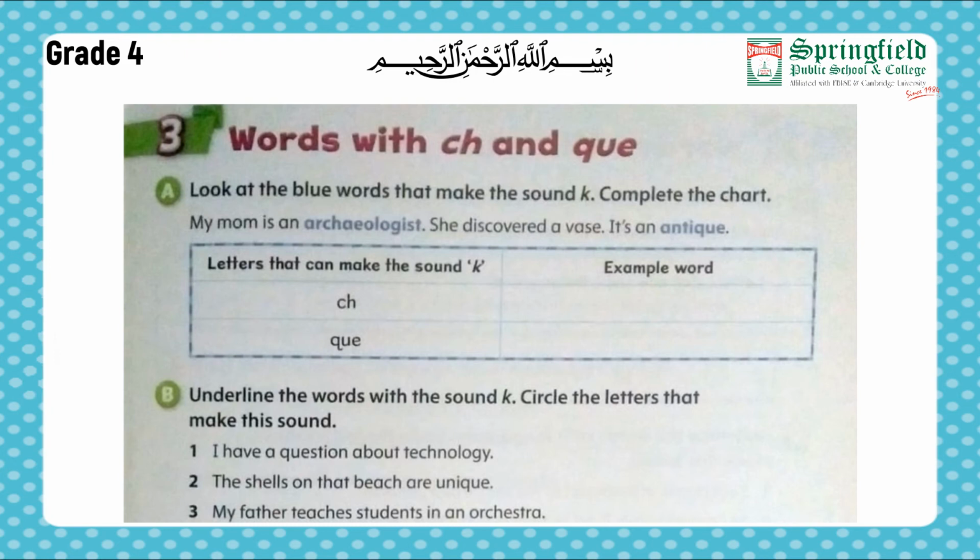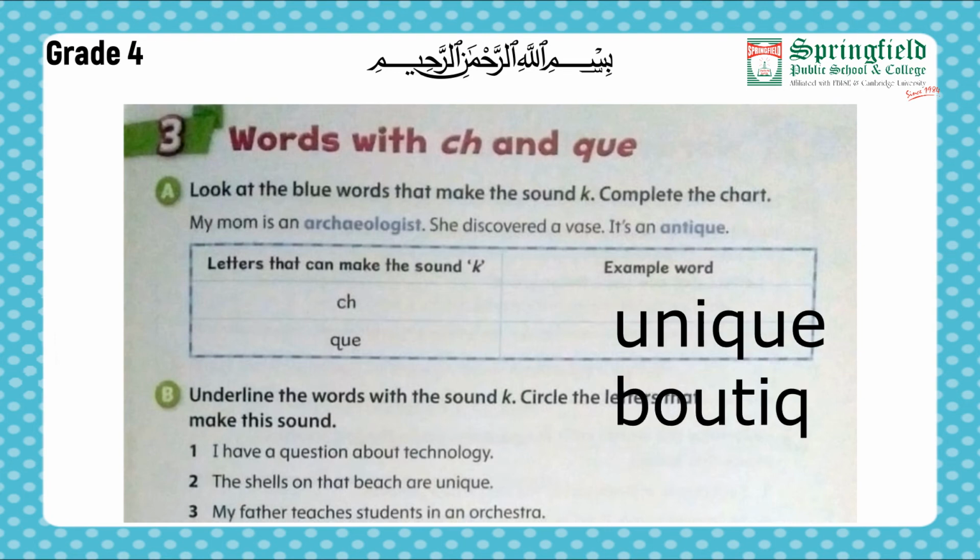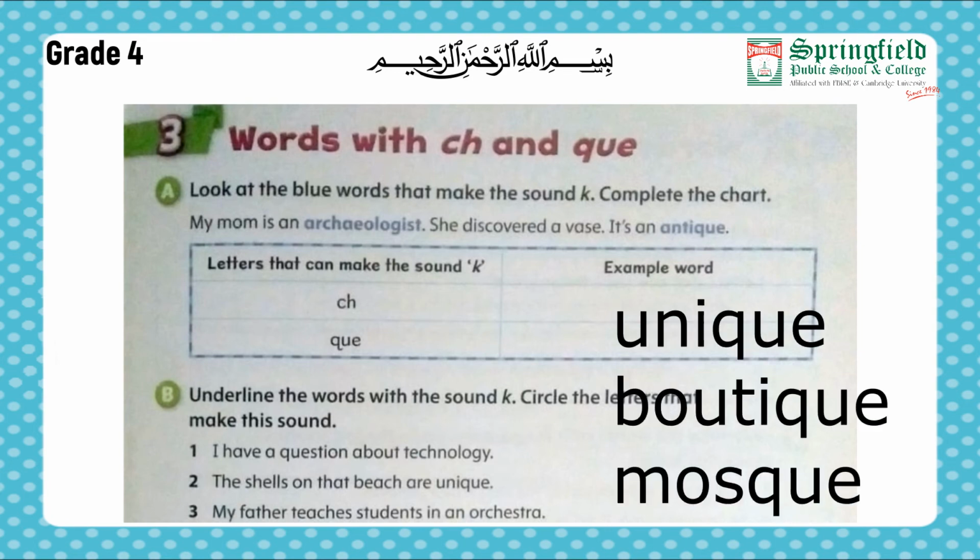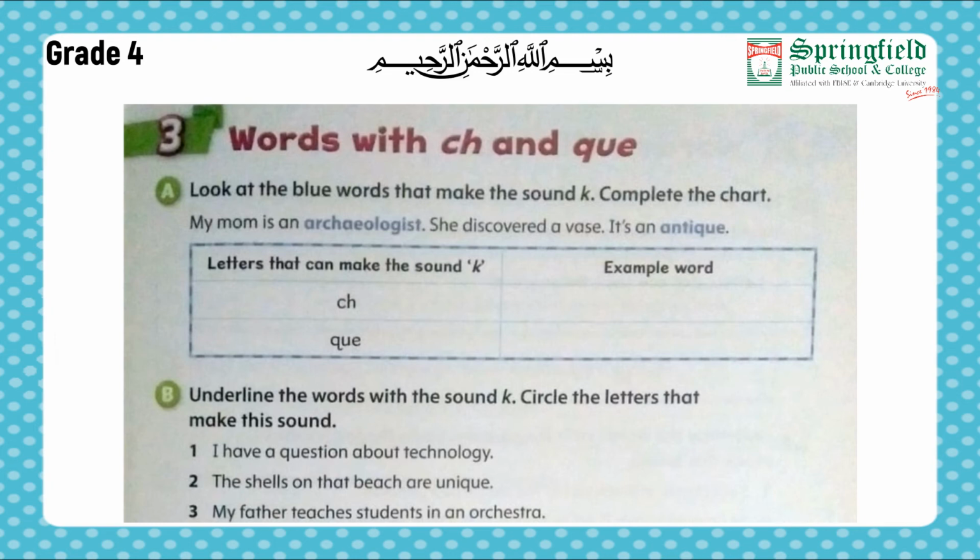And with QUE as the sound of K, words could be unique, boutique, or mosque. So similarly, you will have to think about or search for some words which have the letters QUE in them, but they are giving you the sound of K. And so it is with CH as well. Alright students, I hope you have understood part A.